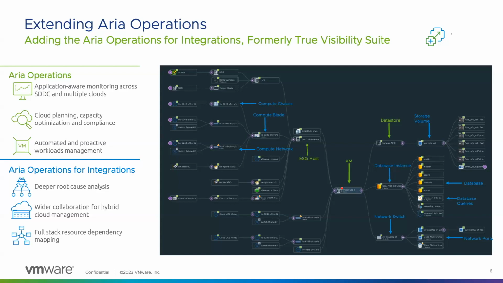And then the blue is what is an add-in, for example, compute network, the compute blades, or the chassis, your storage volumes, and then within that, there's a database instance that is now expanded out with the multiple copies. Like normally, Microsoft not only has the primary database, but it has adjunct databases, and you can look at all those through one view. And on the bottom again, it's going into the network switch and the network ports as well.